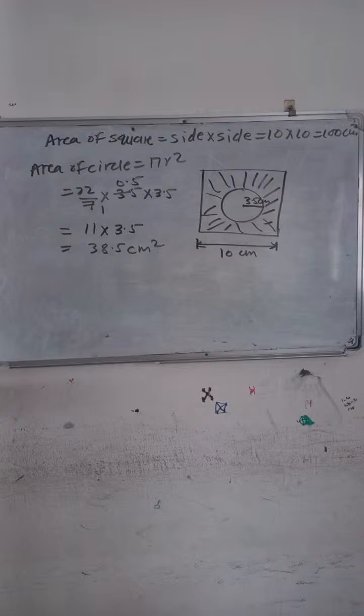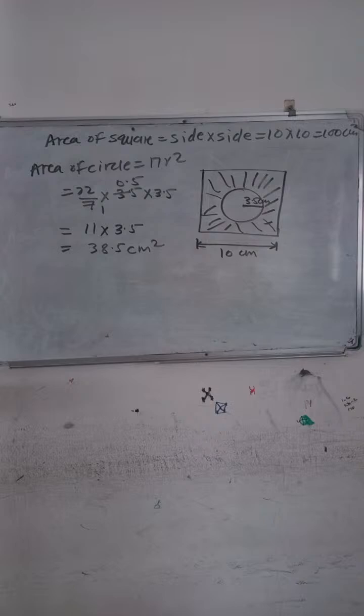Okay, write down the next question. From a circular sheet of radius 4 centimeter, a circle of radius 3 centimeter is removed.